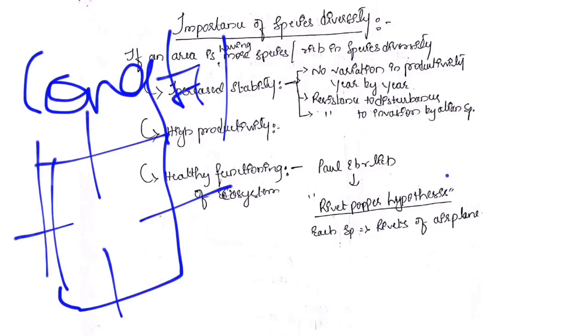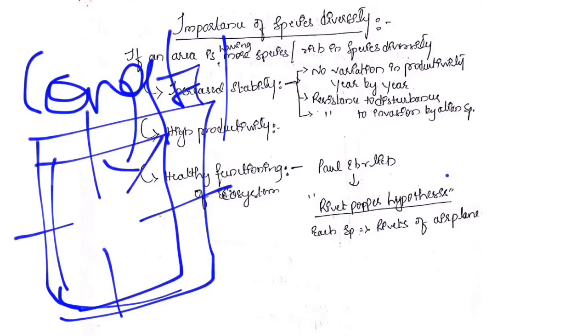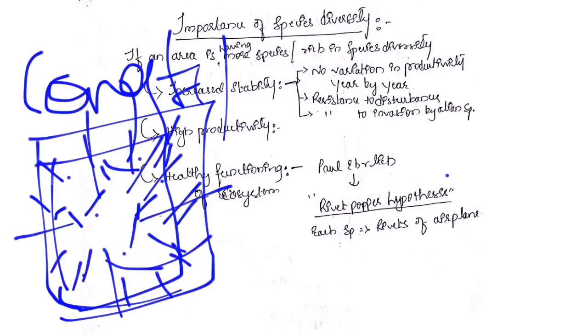Once this Parthenium starts to grow, it never allows other plant species to grow. It occupies all the area. It grows very luxuriantly. It will not allow other organisms to grow. Such plants are called alien species.